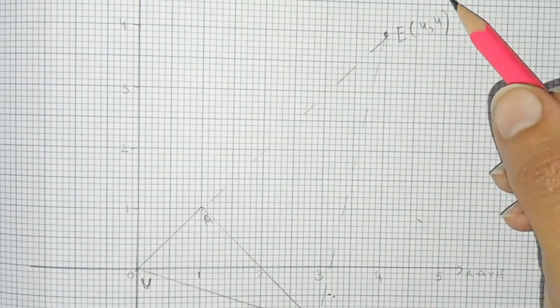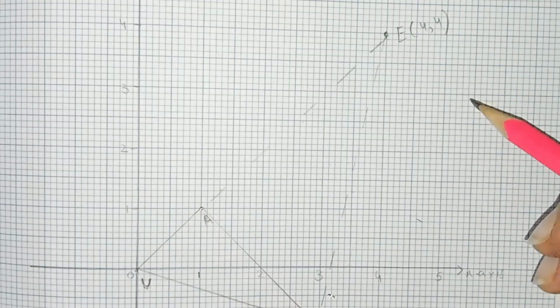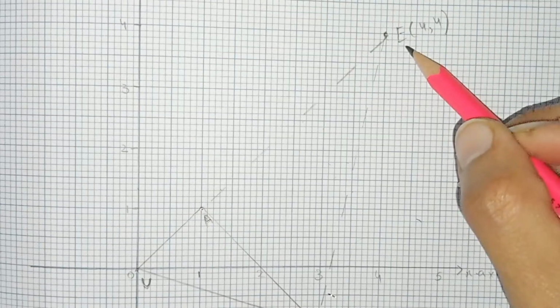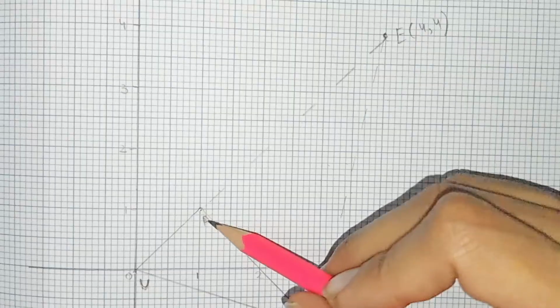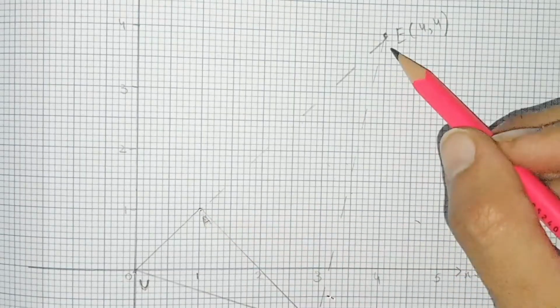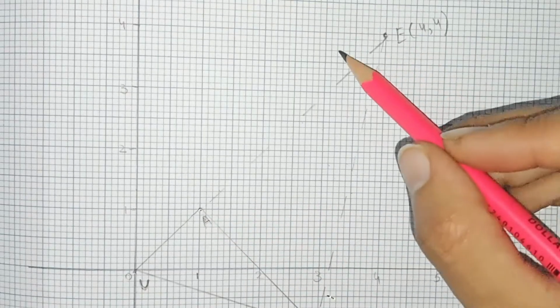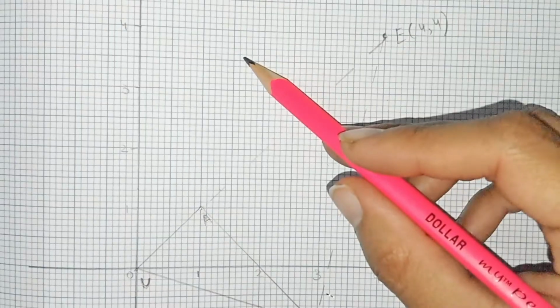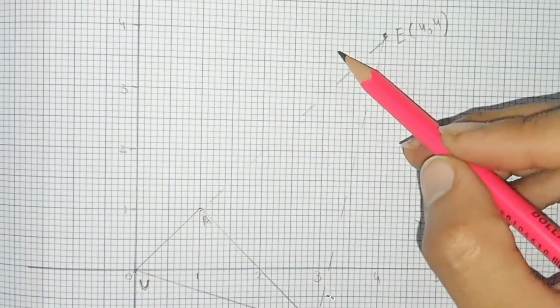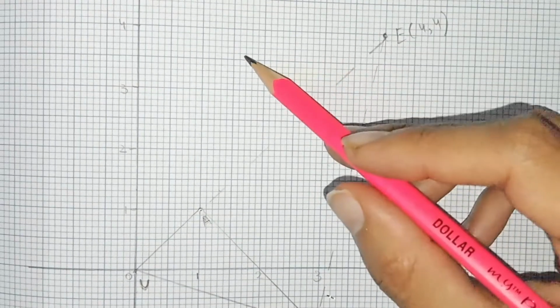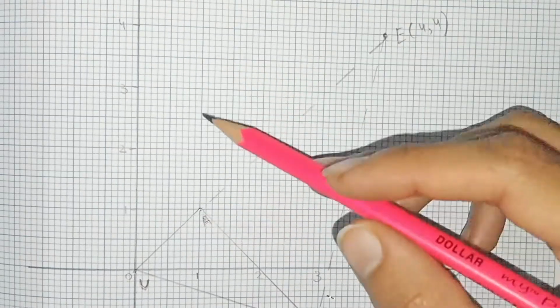Now students, this is our center of enlargement. Now we have to observe how many points A is away from E along the x-axis. 1, 2, 3, 4, 5, 6. Point A is 6 points away.